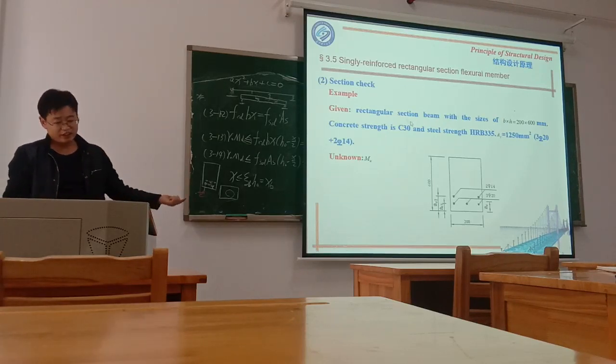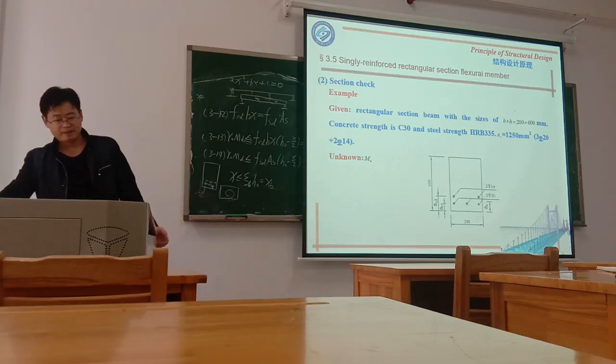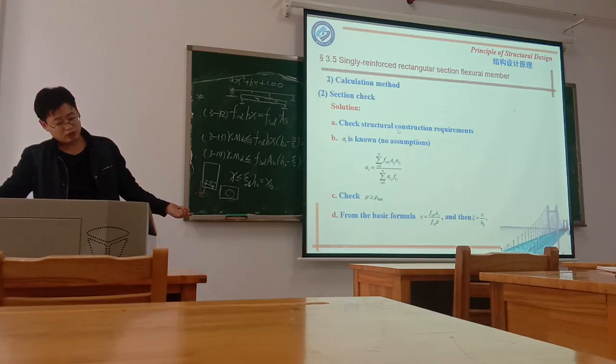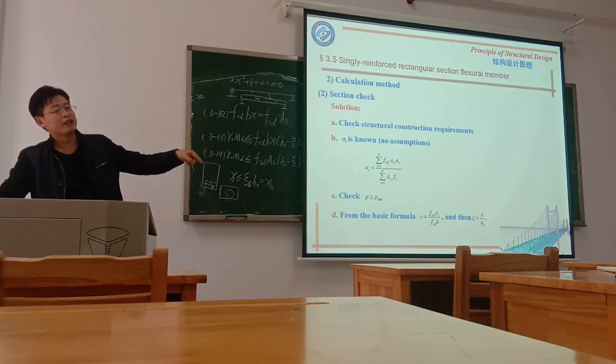Now the question is here. So how to check? We go back and say again how to check. First check the construction requirement. And second, calculate the As. Once you get the As, you can calculate the reinforcement ratio, because the reinforcement ratio is equal to As divided by b h0. Once you get the As, then you get to know the h0.